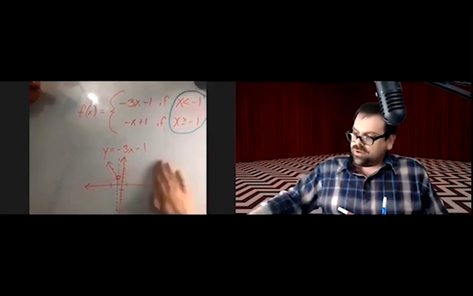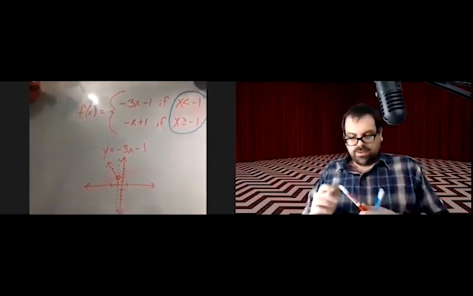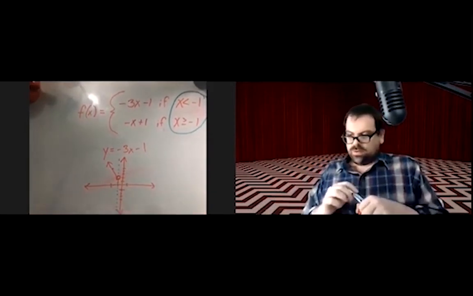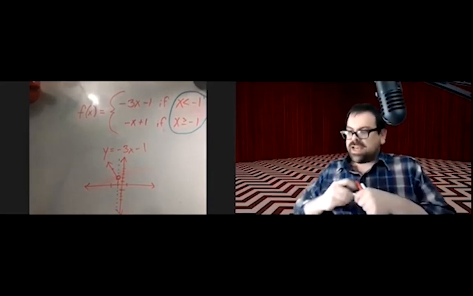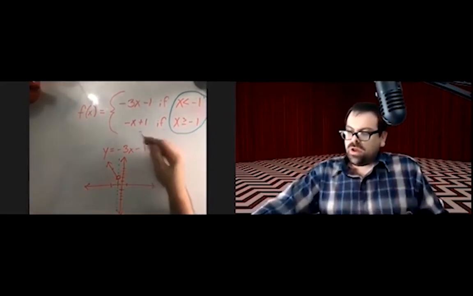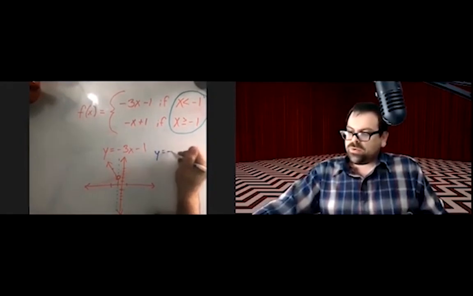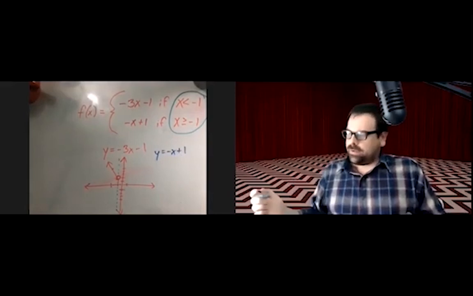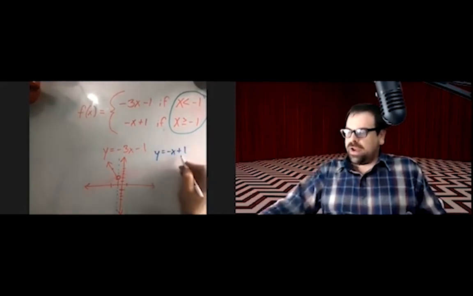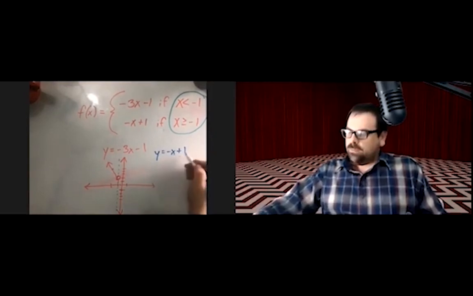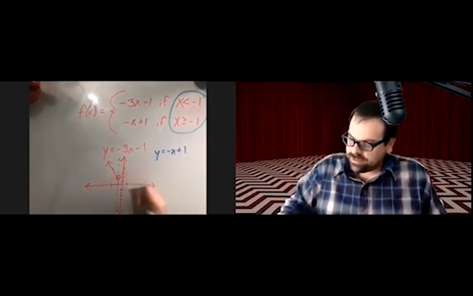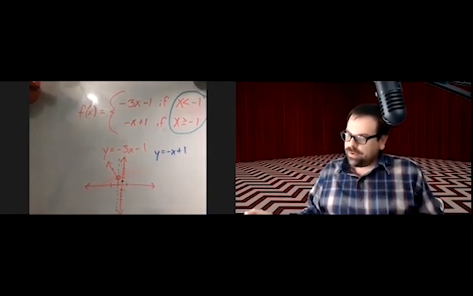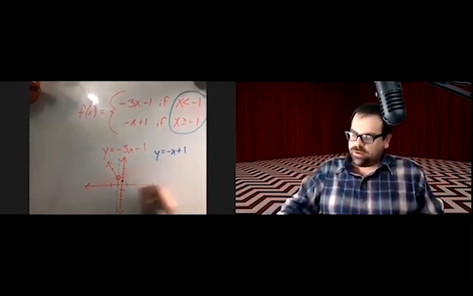So what about the right side? Well, the right side would be the graph of y equals negative x plus 1. We know how to graph this. It's a y-intercept of 1 and a slope of negative 1.